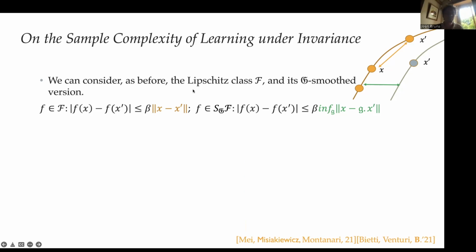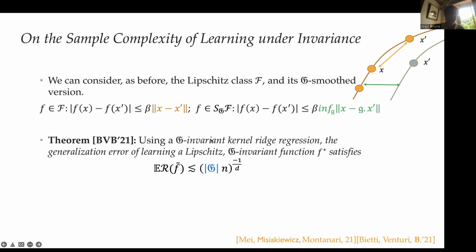So now my hypothesis is that this function f is Lipschitz, but also invariant with respect to a group of transformations. It means essentially that f of x minus f of x prime, if x and x prime are in nearby orbits, then the value of the function doesn't change too much. That's the notion of Lipschitz plus invariant.